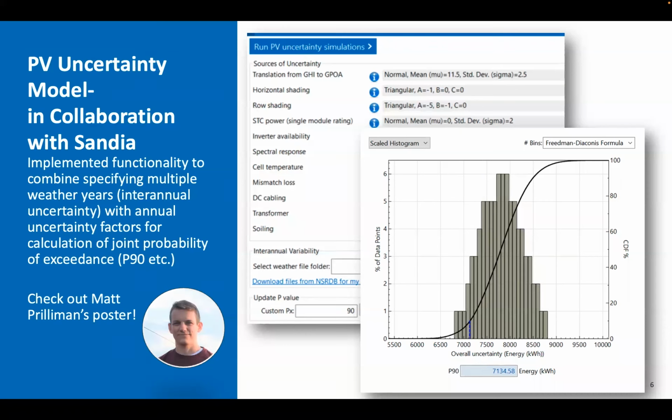It isn't always an exact number of kilowatt hours that you're going to get out of your plant every year. There is a range of uncertainty around it. A lot of work has gone into what the items are that we are varying for the uncertainty, what the shape of the uncertainty is, and what the inputs and default values are for all of those. So feel free to check that out and come talk to us later.